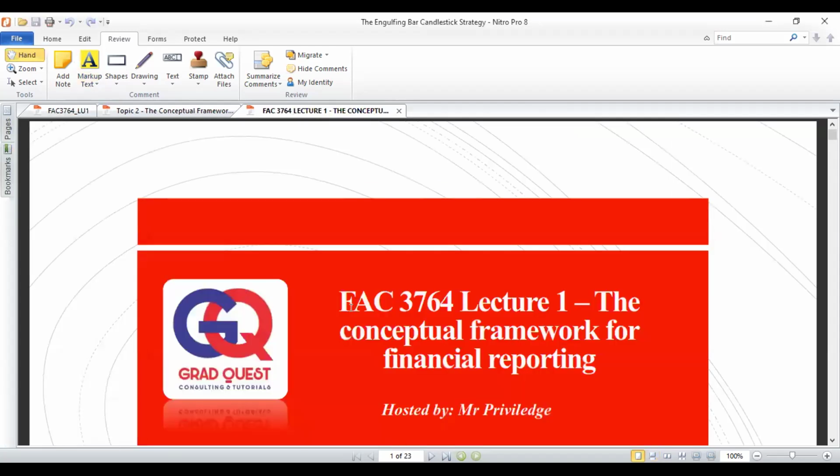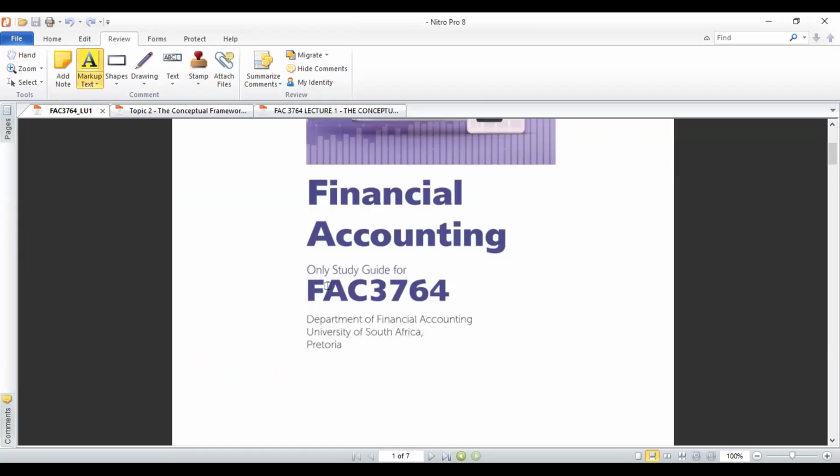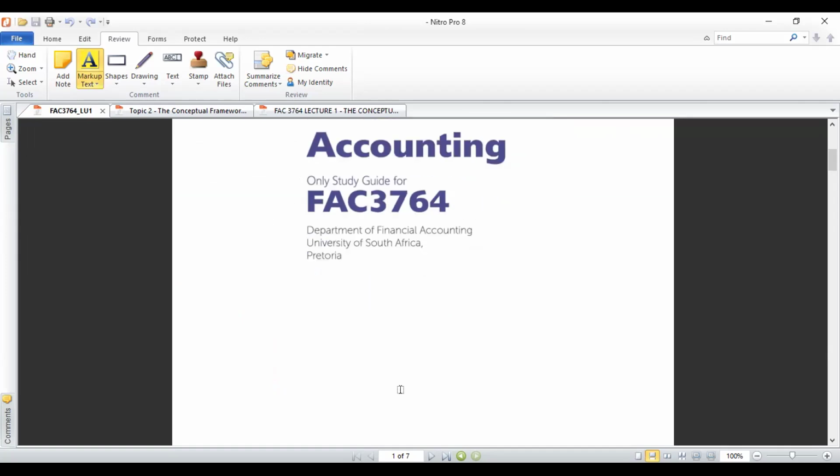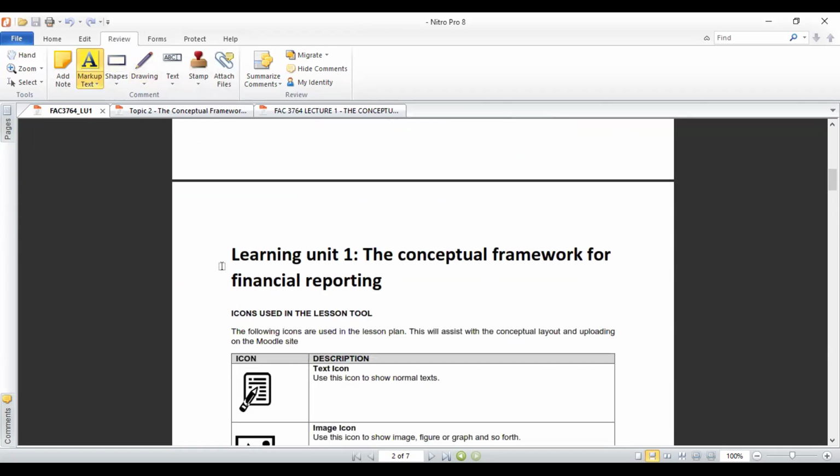Right, so today I want us to have a look at learning unit number 1. Learning unit number 1, colleagues, deals with a very interesting concept, which is the conceptual framework for financial reporting.